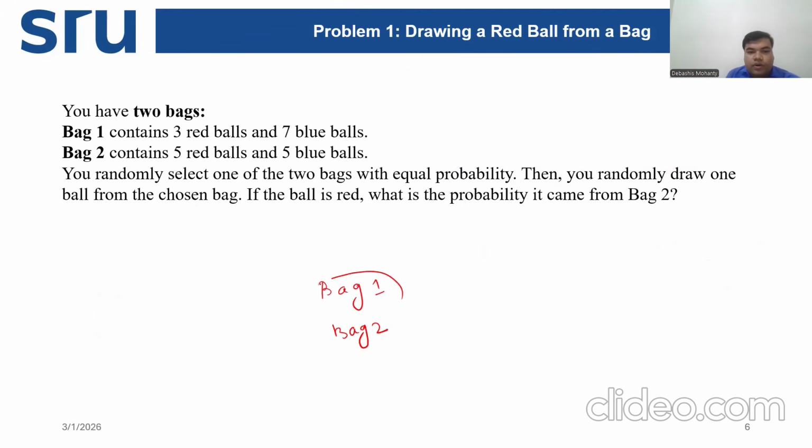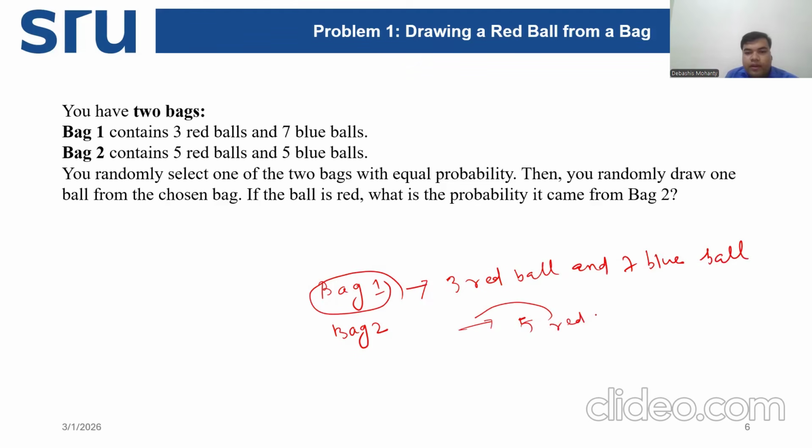The first bag contains three red balls and seven blue balls, and bag two contains five red balls and five blue balls.